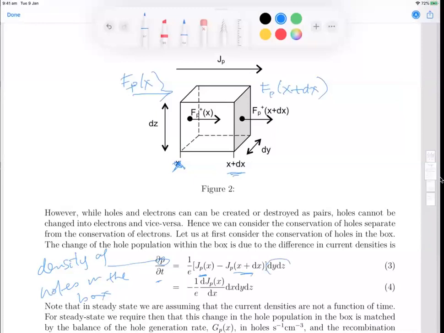dy dz, clearly that's our cross-sectional area. And if we want to write this in terms of the rate of change of the current density, so the derivative of Jp, we just add a dx here, we get the volume of our box, so this is the volume.